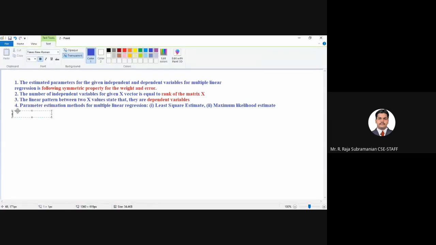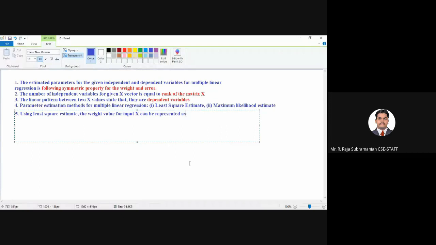What will be the formula for the least square estimate? Using least square estimate, the weight value for input x can be represented as what? Weight is nothing but beta. What will be the beta value for the input x?